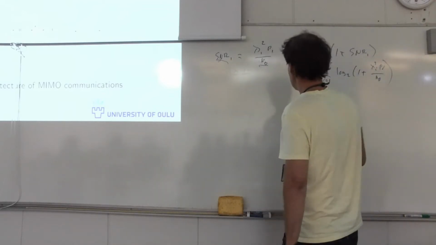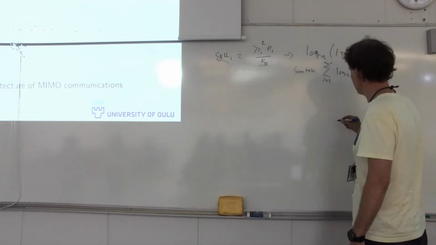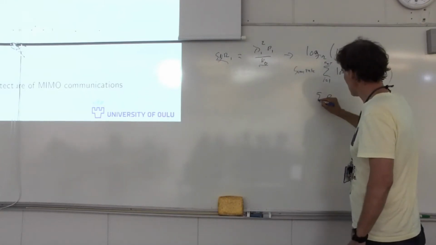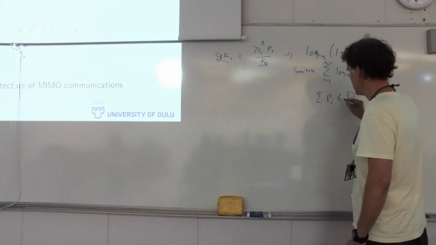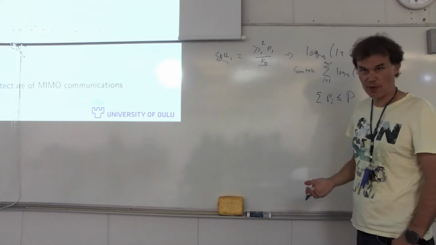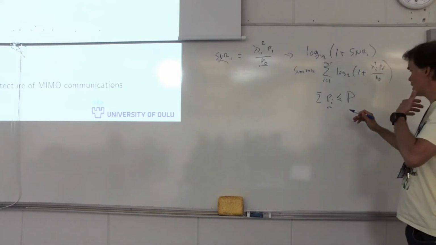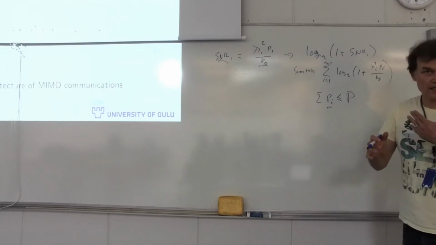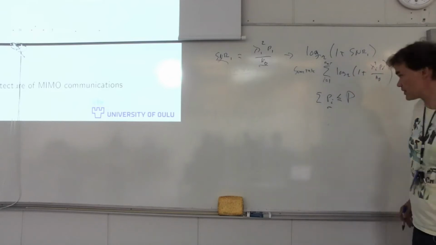It can be handled, but it's a bit more complicated. But let's assume that there's a single power constraint, meaning that the sum over P i is upper bounded by P, the transmit power constraint. So this allows us to arbitrarily allocate any share of power among all these parallel streams.